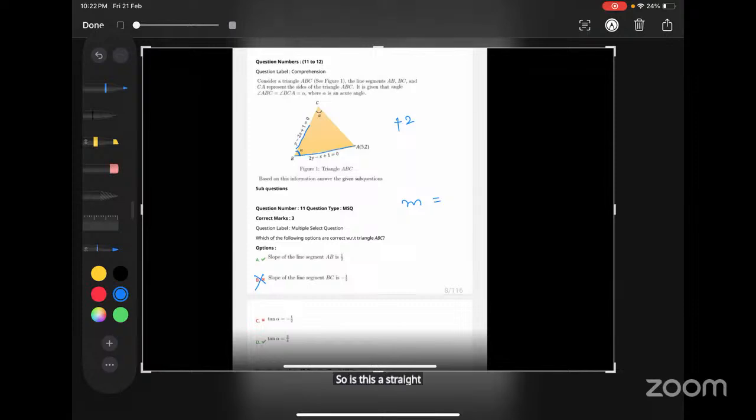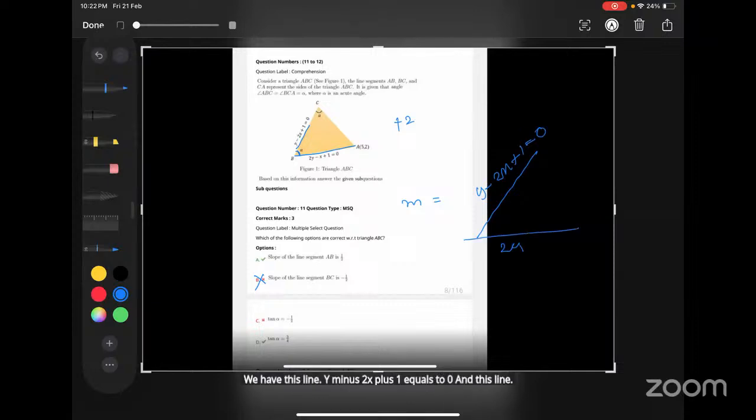Is this parallel to the x-axis or not? This slope is 1 by 2. How can it be parallel to the x-axis? Okay, see, let us draw. We have this line, y minus 2x plus 1 equals 0, and this line, 2y minus x plus 1.